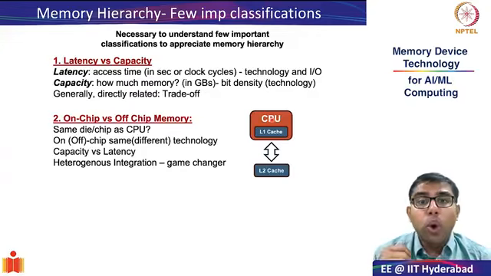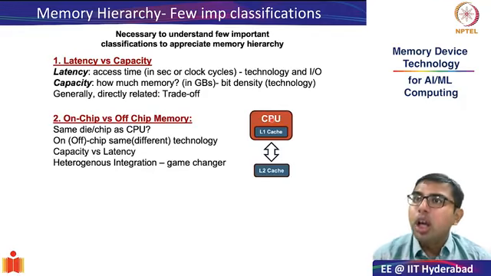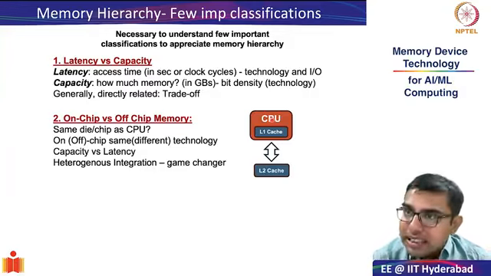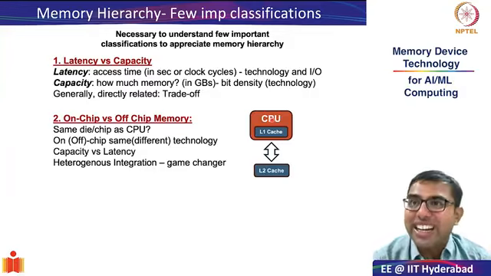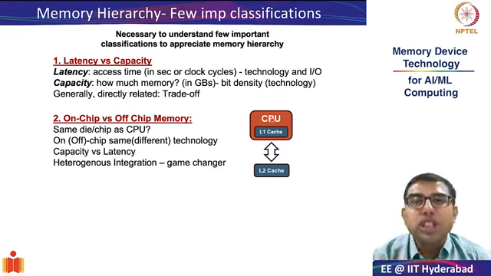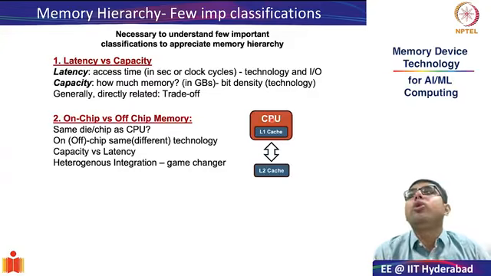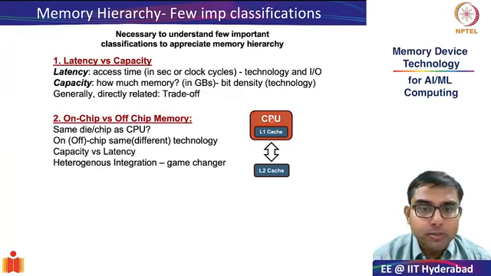So again, on-chip versus off-chip becomes a very important and vital distinction because of the same trade-off we just discussed: capacity versus latency. On-chip will have lower latency, but of course a little smaller capacity also. The moment you take things off-chip, you are increasing the latency, but the opportunity to have more capacity also increases. I hope that makes sense.